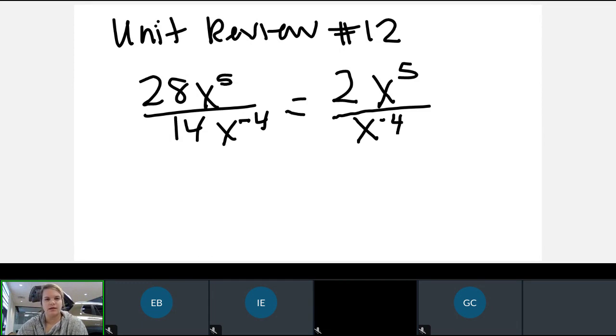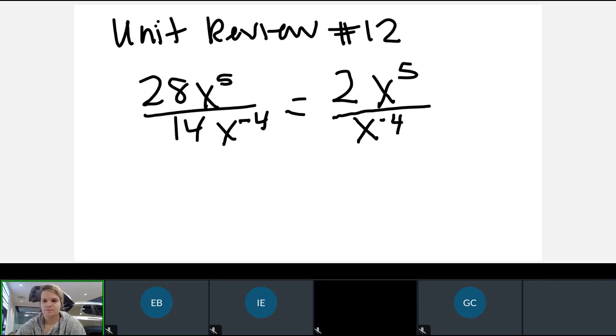Okay, now we need to get rid of that negative exponent. So what would you do? How do we get rid of that? Okay, good job, Destiny. How do we get rid of negative exponents if they're on the bottom?